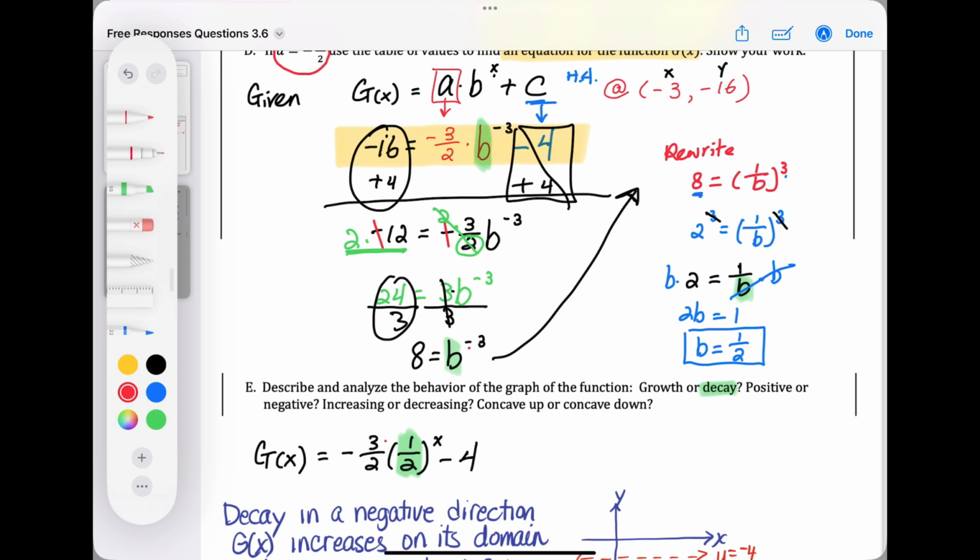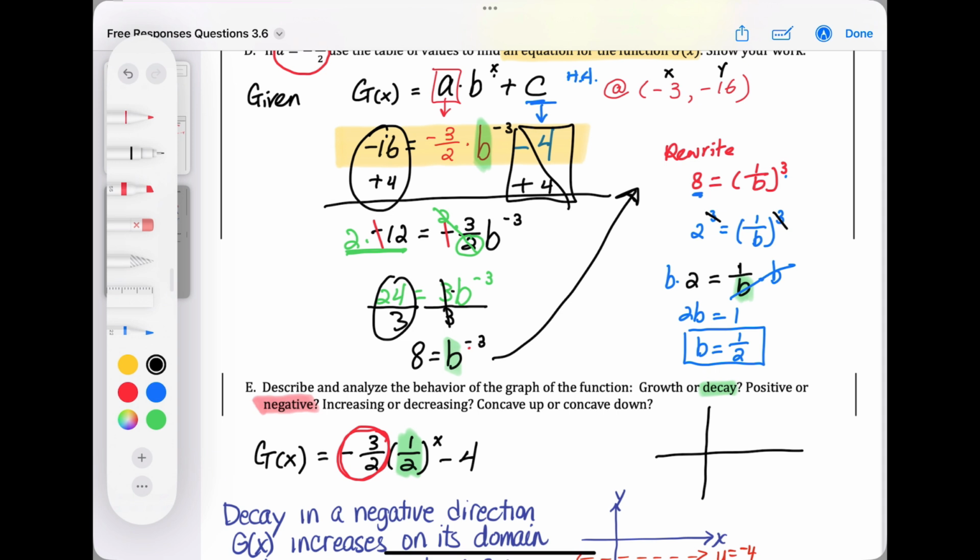And what do we know about the information? We say that because my leading coefficient is negative, that tells me immediately that it will be a negative direction. Good. Now we're going to look at the picture. In the classroom, I noticed some of you say, if that is a decay, how do I not see the picture going down?